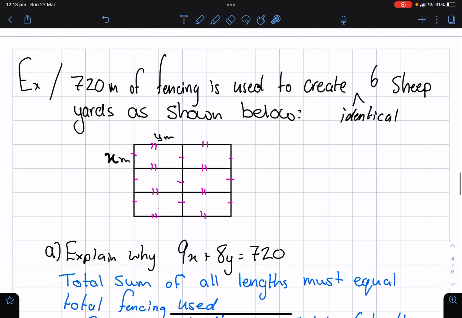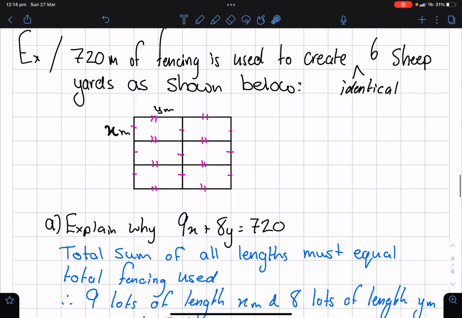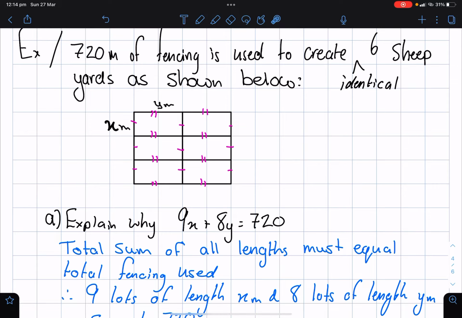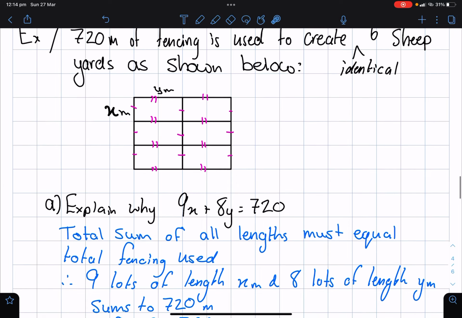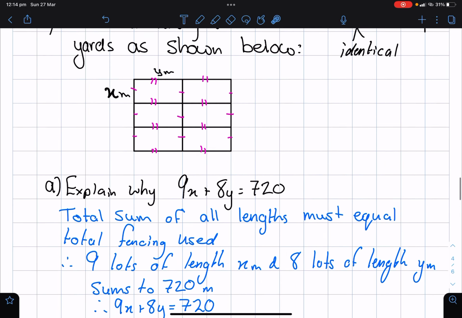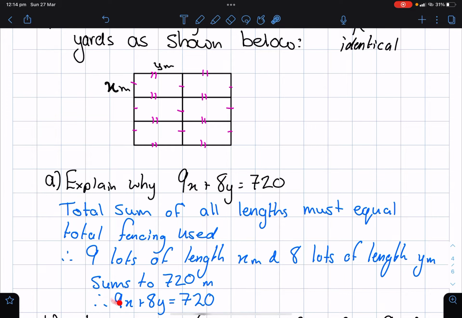The total sum of all lengths must equal the total fencing used. Therefore, 9 lots of length x and 8 lots of length y. Counting how many x's and y's we have, that sum must equal 720. Therefore, 9x plus 8y equals 720.